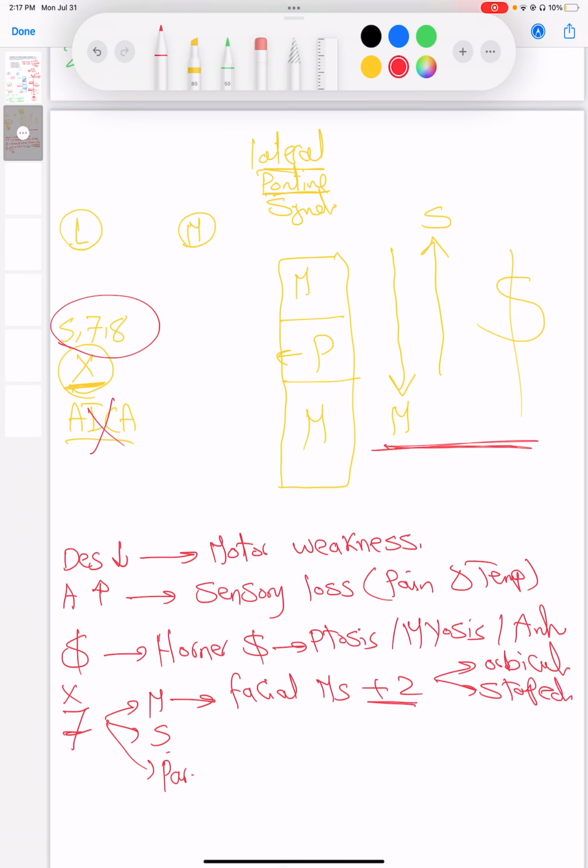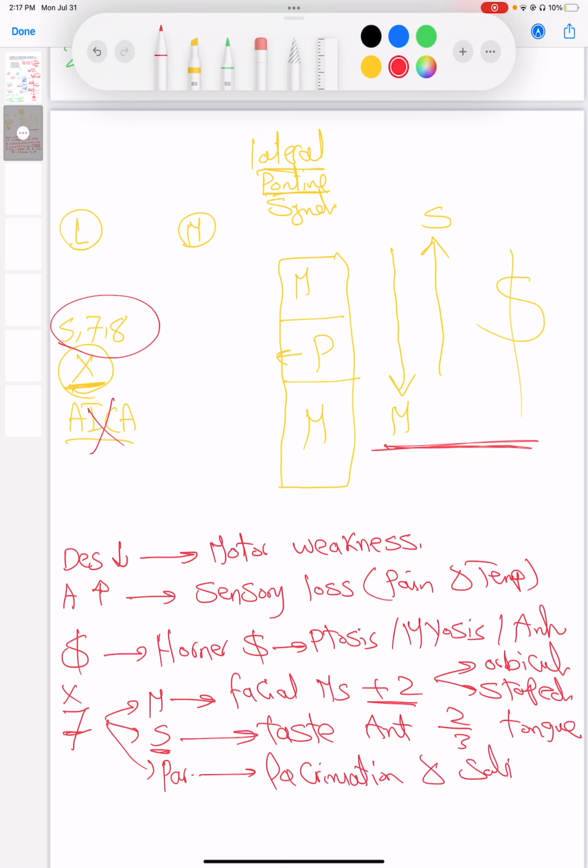Then sensory, it is responsible for the taste from the anterior two-thirds of the tongue. Then parasympathetic, lacrimation and salivation. So in lateral pontine syndrome, you lose all of this.